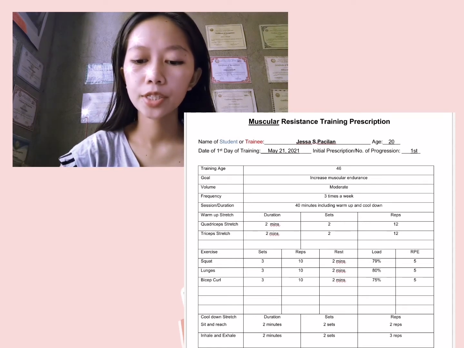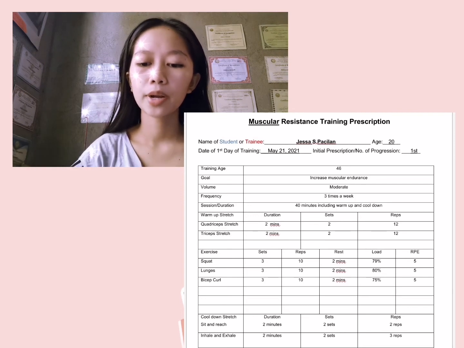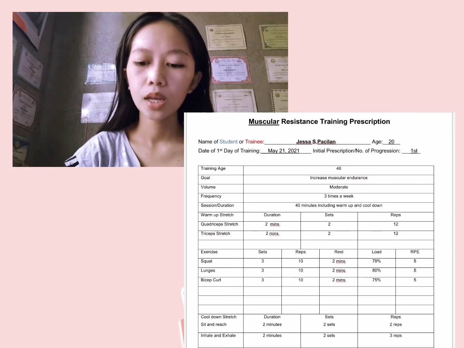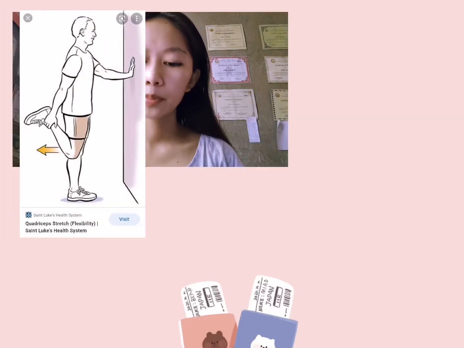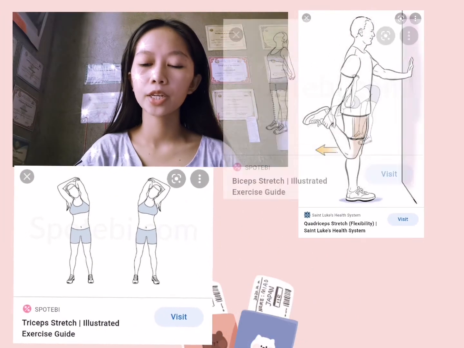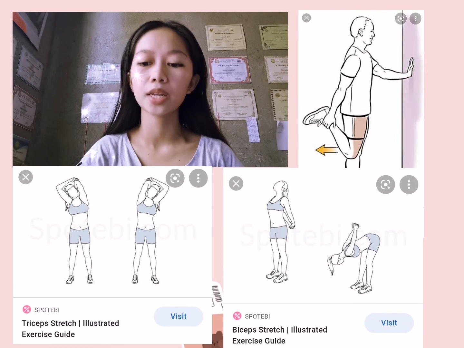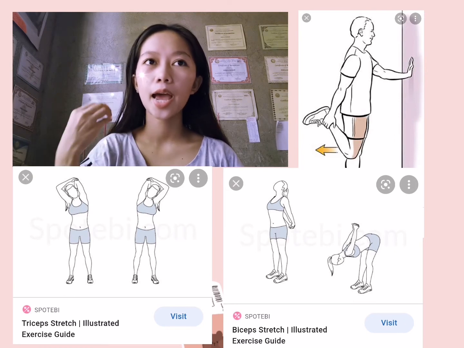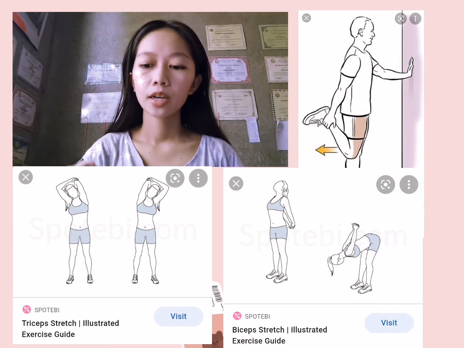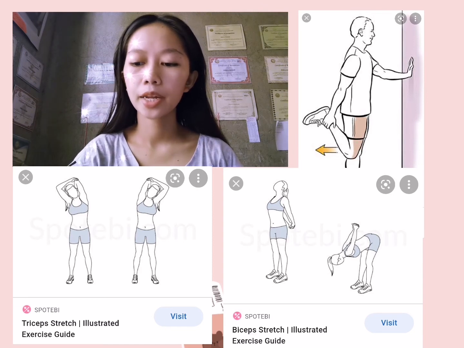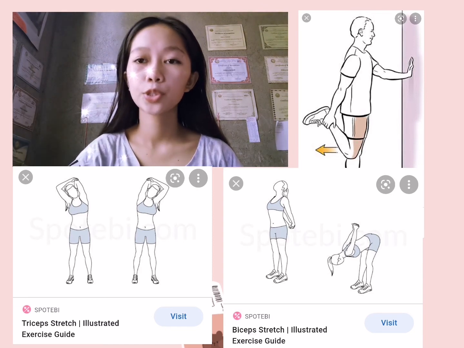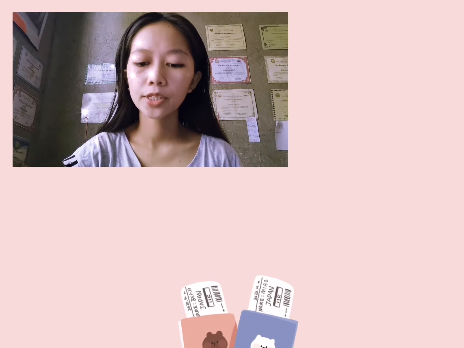Her recommended warm up are the quadriceps stretch and the triceps stretch, and both have the same duration, which is 2 minutes, with 2 sets, and its repetition is 12.